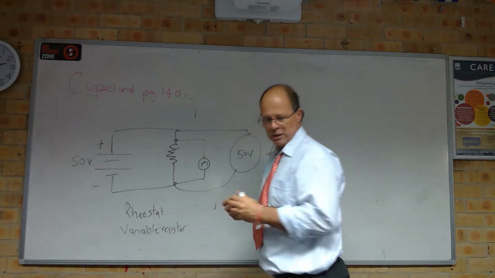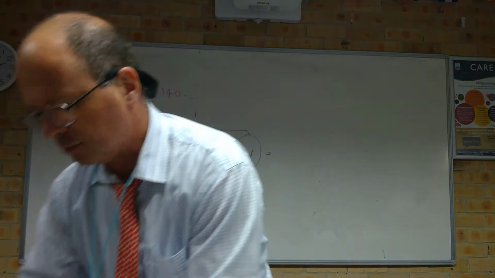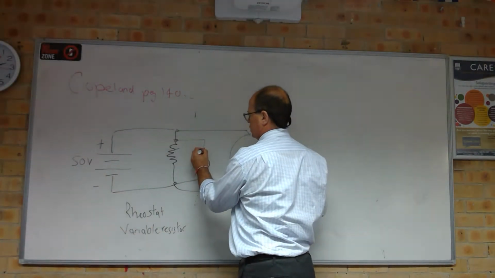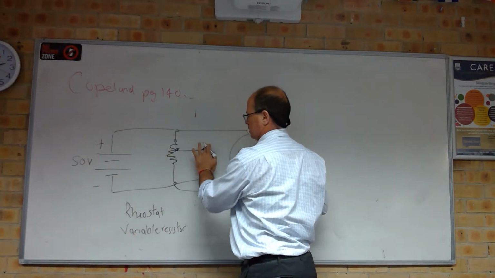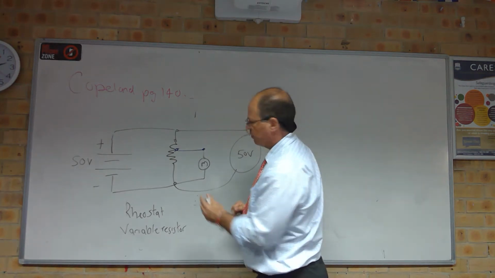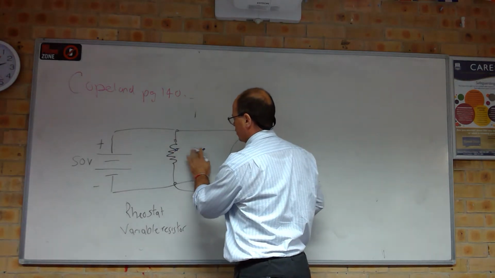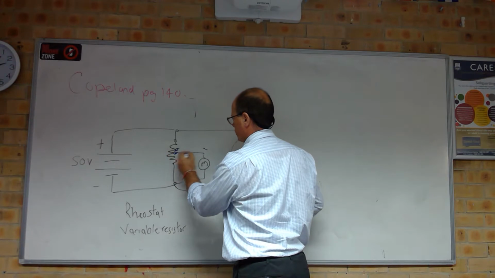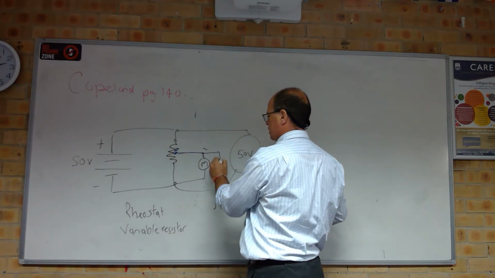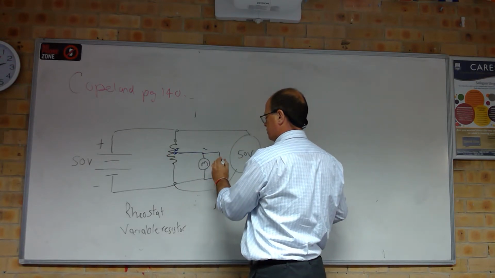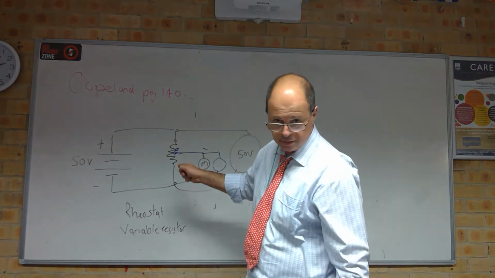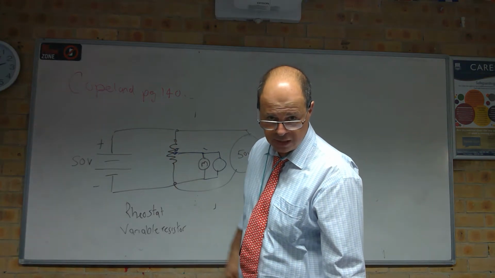But as we slide our slider down, we get less and less voltage. So if we go to the halfway point, if we were to measure what's appearing at the motor, we're halfway down. We've divided that resistor in half.